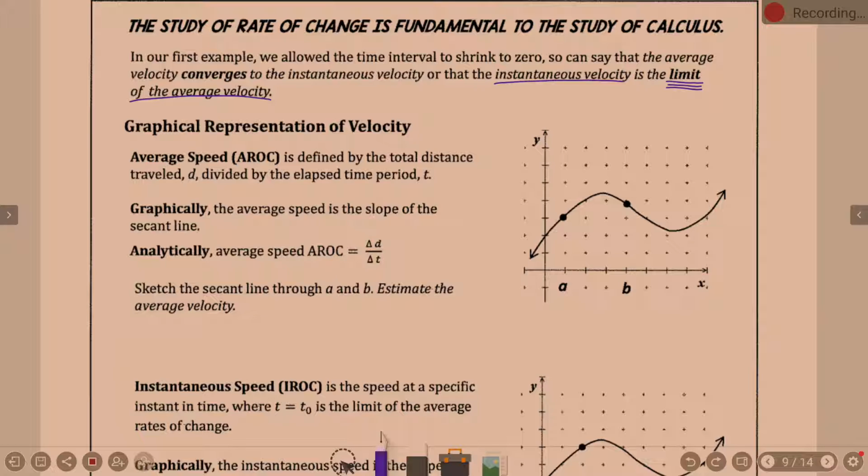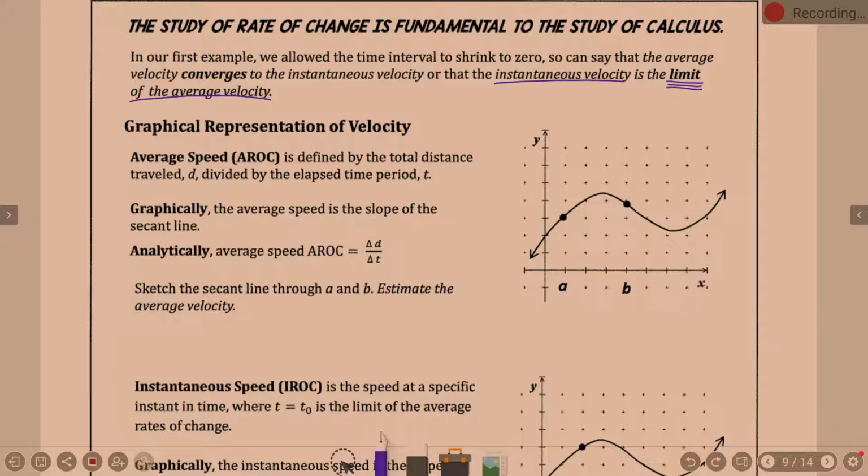A secant line is a line that intersects a curve in 2 or more points, as opposed to a tangent line, which is what we'll talk about next. Because a tangent line just meets a curve at 1 point, right? So a secant line crosses the curve at 2 or more points.